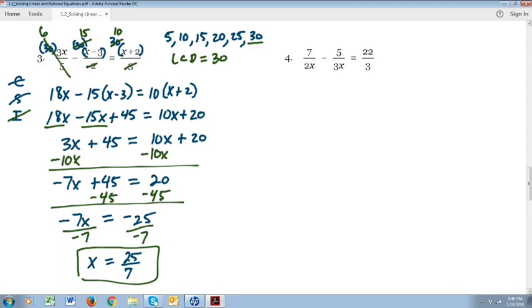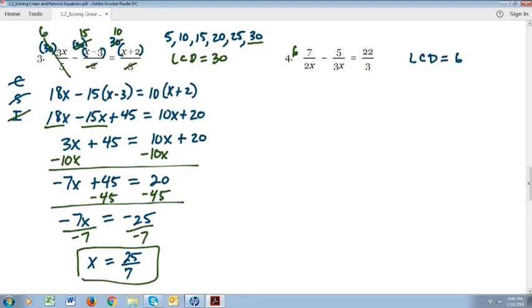All right, so on number 4, now we have a variable in the denominator, and so things are going to be a little bit different. So first of all, our LCD will include the number 6, which is the LCD of 3 and 2. But the thing about it is, if I just multiply by 6 here, notice the 6 will cancel with the 2, but it won't cancel the x out.